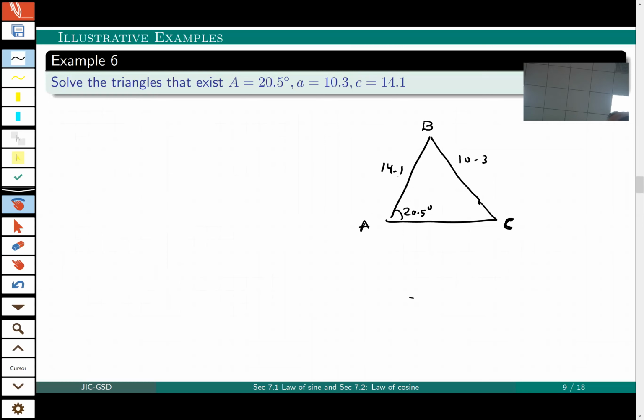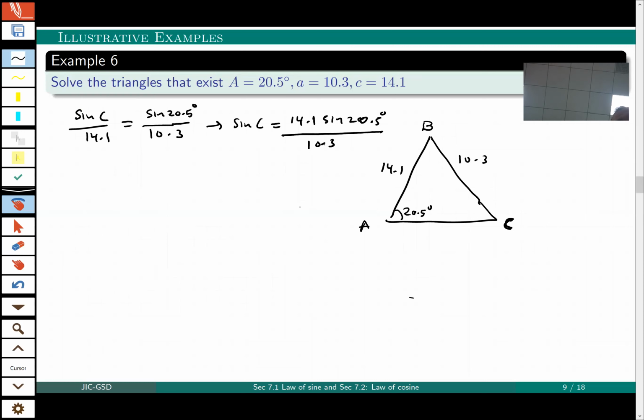So I can find C through sine C over 14.1 must equal sine 20.5 over 10.3, which will mean sine C will equal 14.1 times sine 20.5 over 10.3.